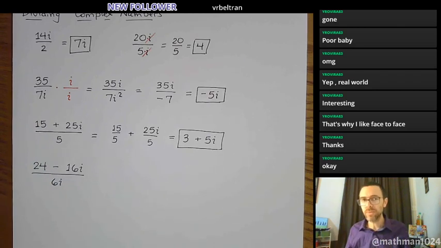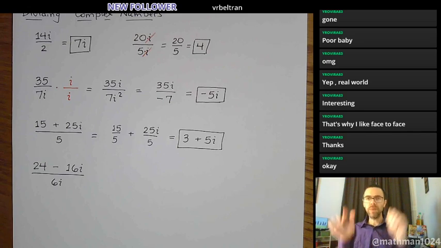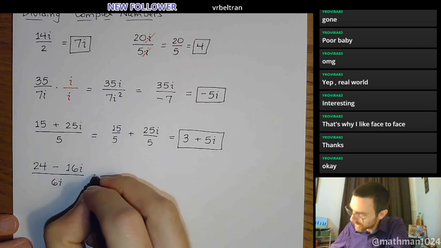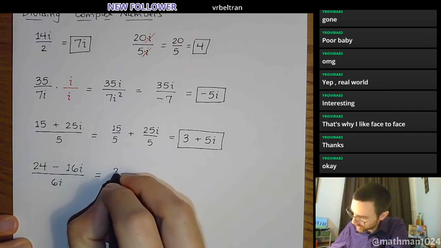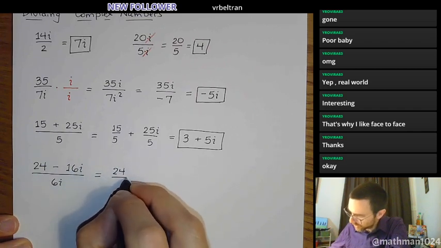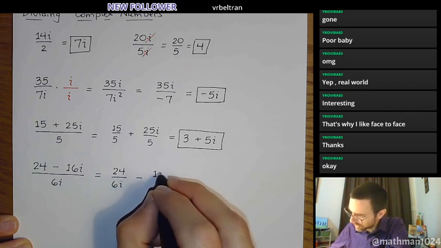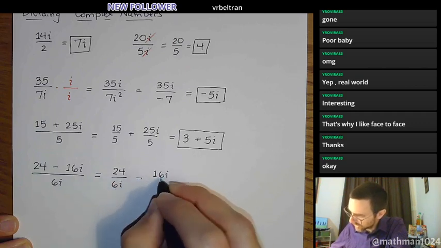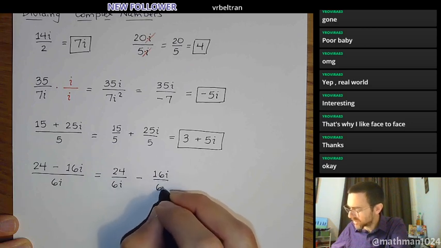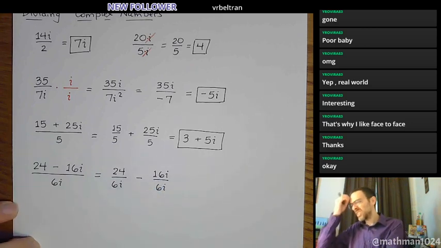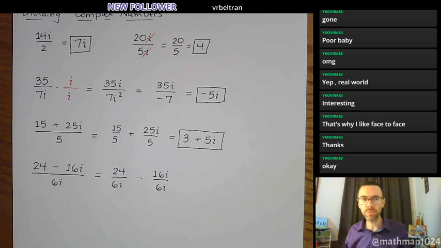Again, I'm just dividing by a single term, so I want to take the binomial that I have in the numerator and split it up into two smaller fractions and see how I can simplify those. So 24 divided by 6i minus 16i divided by 6i. So you don't have to look at this as one whole complete problem. You can look at it as two smaller problems to simplify.